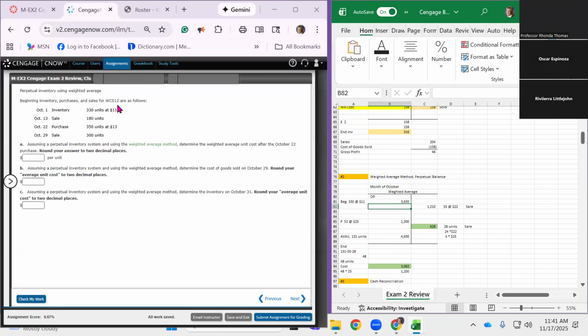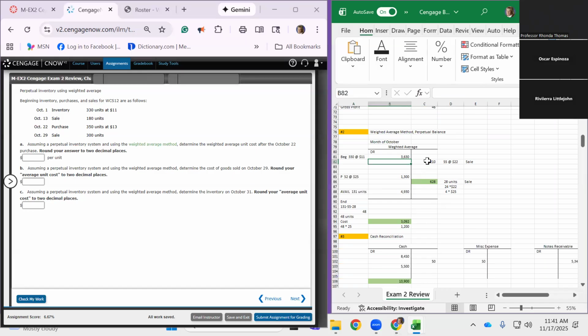Okay, and we're just going to go ahead and work this through. And then we'll go answer the questions. The first sale, which happened on October 13th, sold 180 items. Well, it had to come out of the $11.